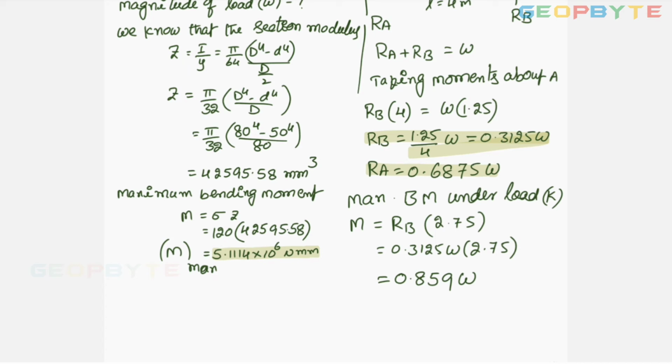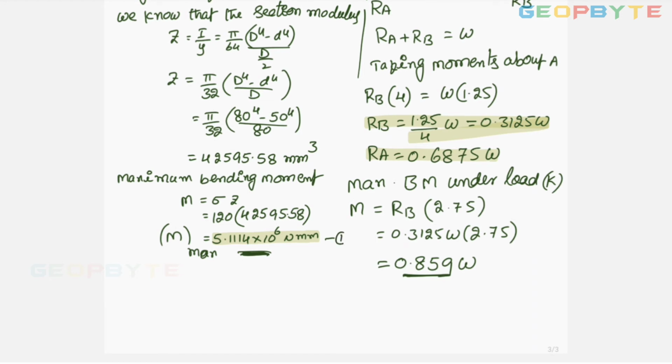Now you compare these two. You equate this value with the other value to find the point load. Let this be relation 1 and relation 2.